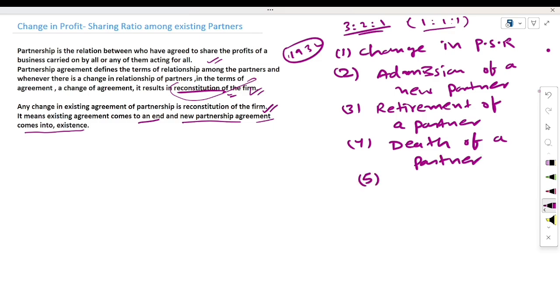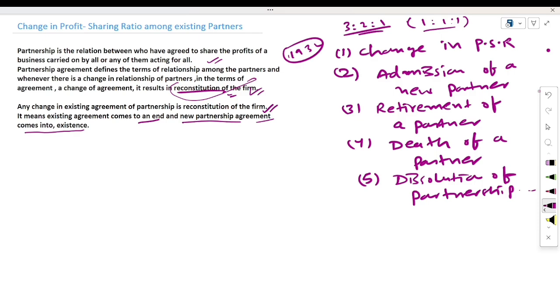And fifth, reconstitution may be amalgamation of partnership firm, or we can say dissolution of partnership. So in case of reconstitution of the firm, there will be five circumstances.